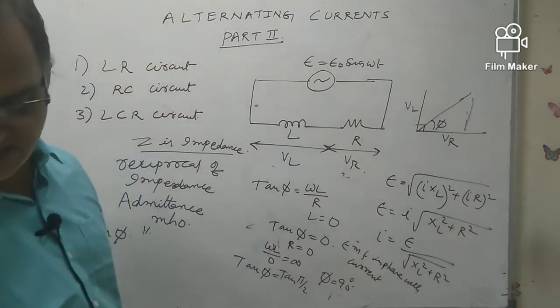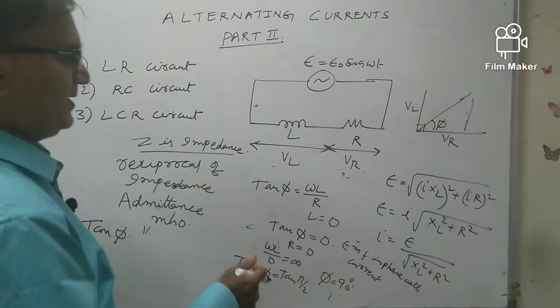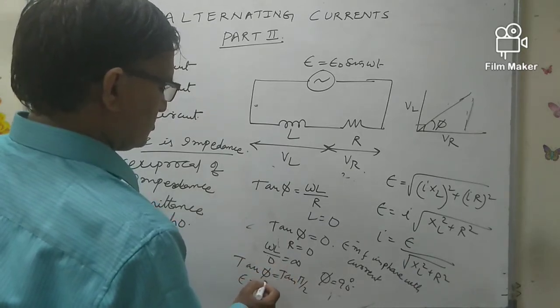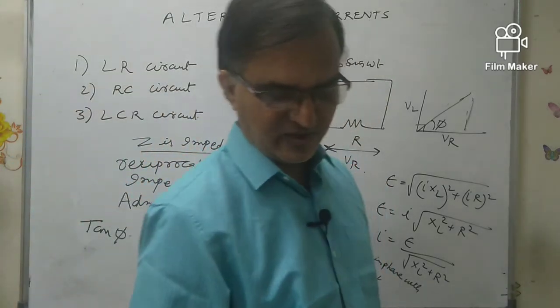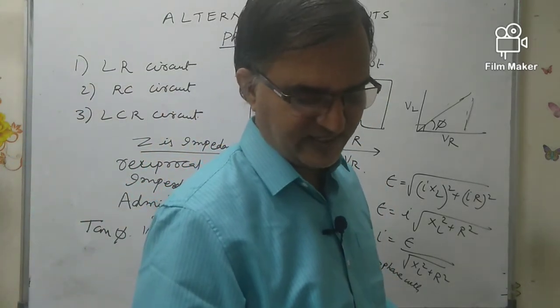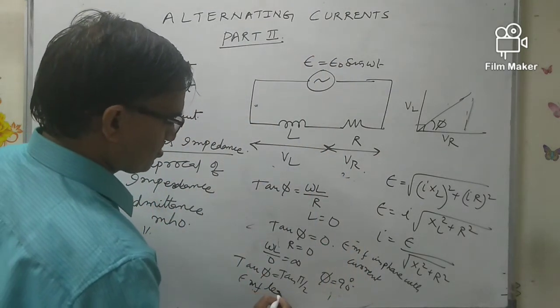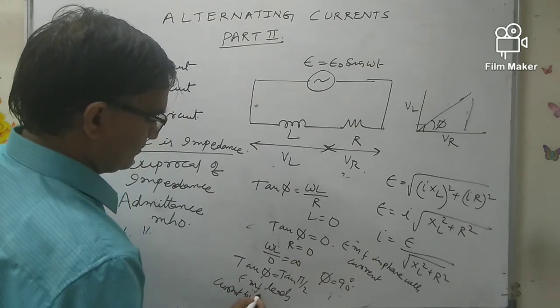That is, the EMF leads the current by pi by 2.